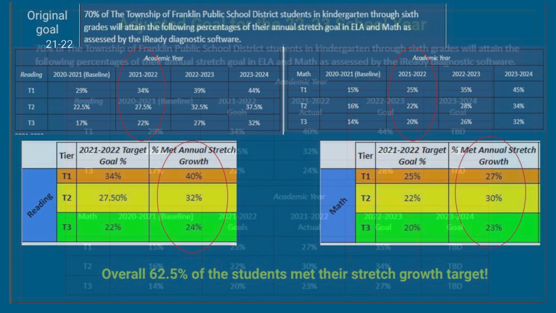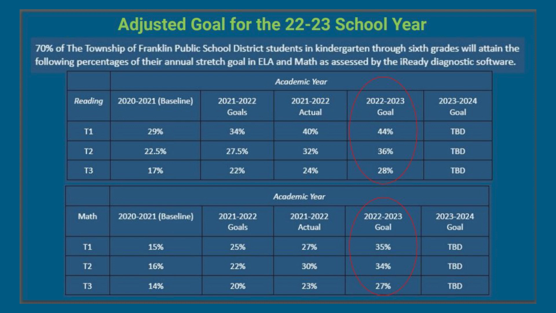So for 22-23, we upped it to 44% of tier 1 kids making their stretch growth in reading, 36% of tier 2 kids meeting their stretch growth, and 28% of the tier 3 kids. For math, we wanted 35% of the tier 1 kids to reach their stretch growth, 34% of tier 2, and 27% of tier 3.